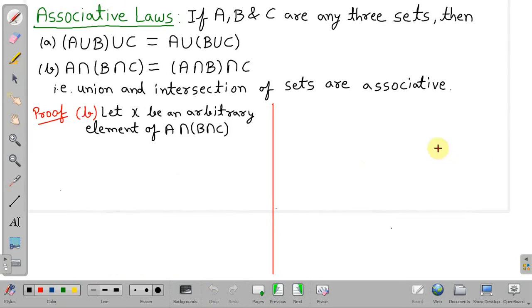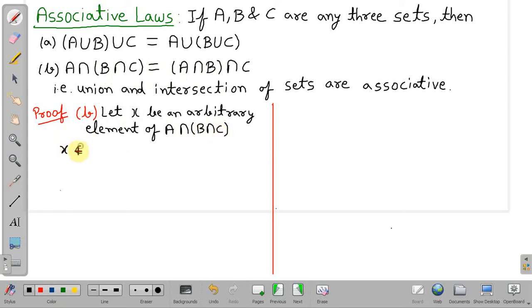Similarly, we will try to prove the second relation, that is, the second law. So here (A intersection B) intersection C is equal to A intersection (B intersection C). In the same manner we will prove. Here also we are assuming that x is any element of (A intersection B) intersection C. Okay.